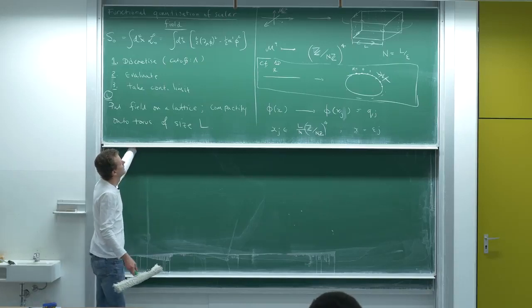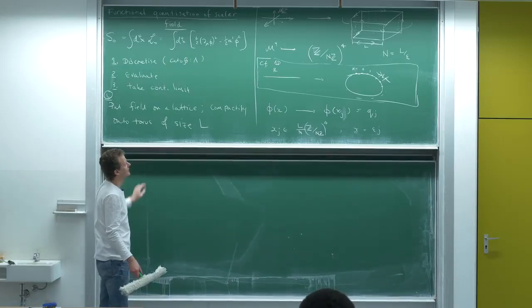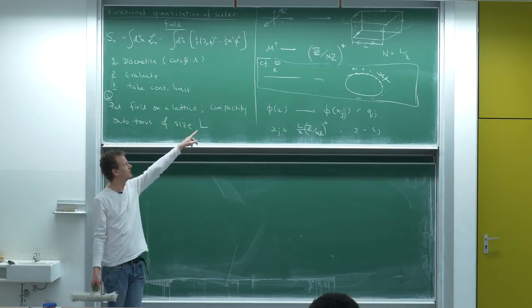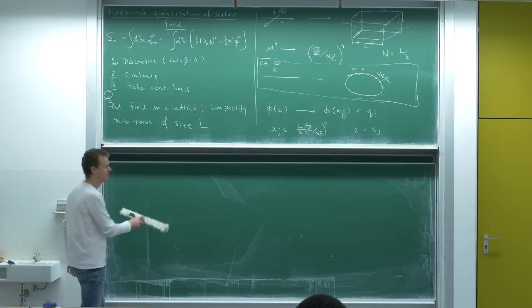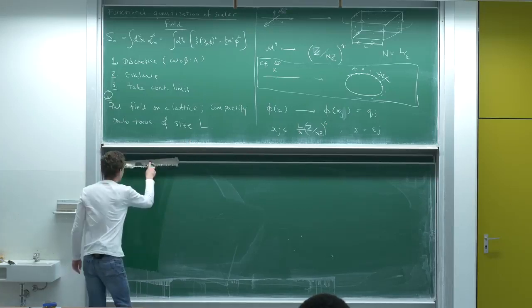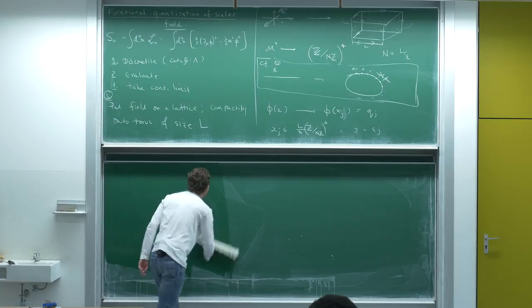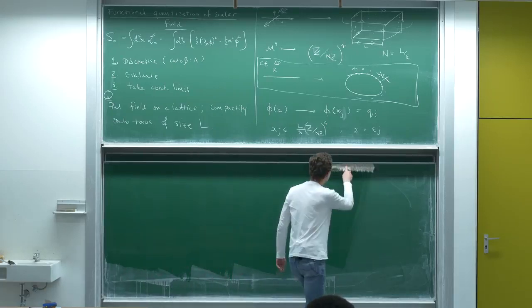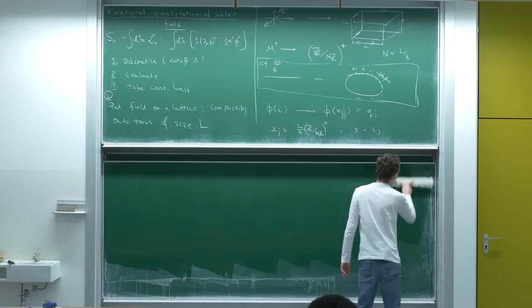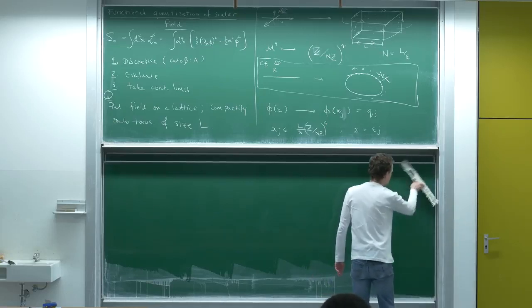So the latest calculations work in boxes of side about the proton radius, and they divide the proton radius up into about 100 points. So this is indeed how actual calculations are done with quantum field theory on the computer.